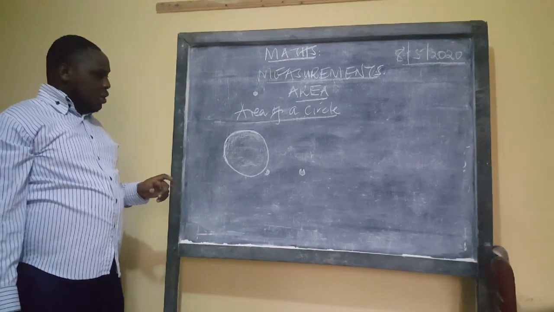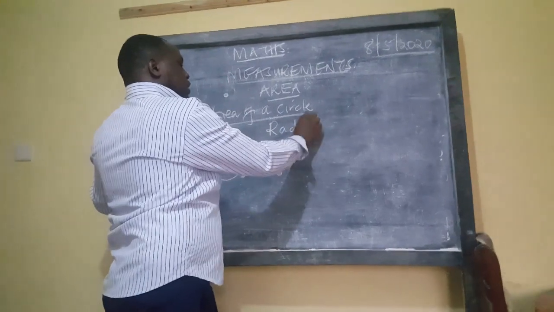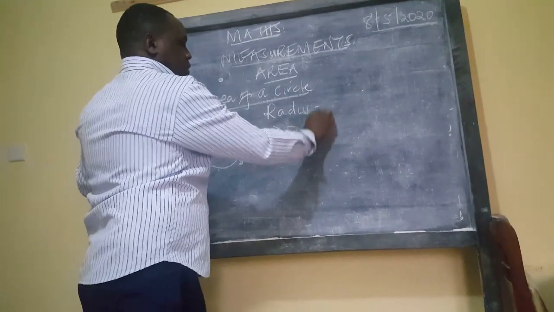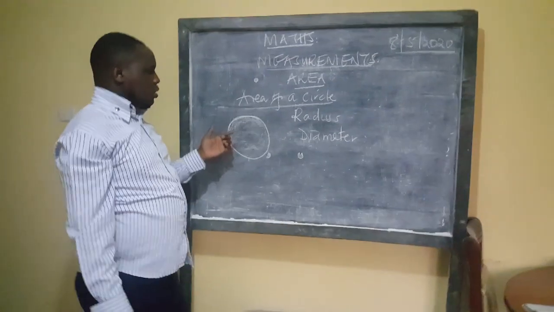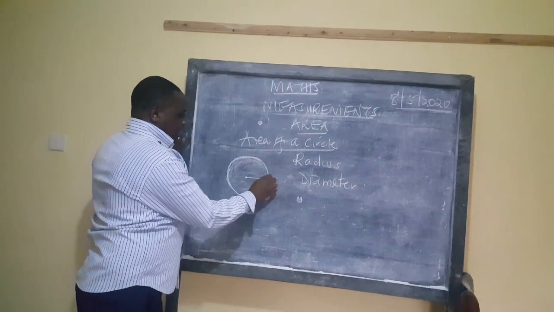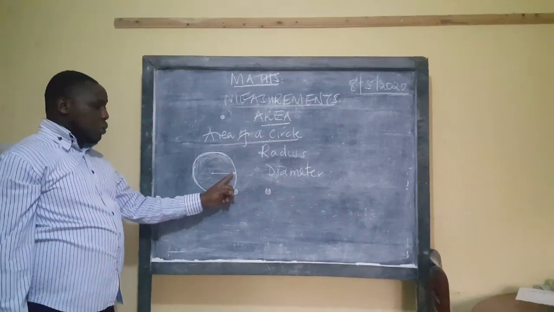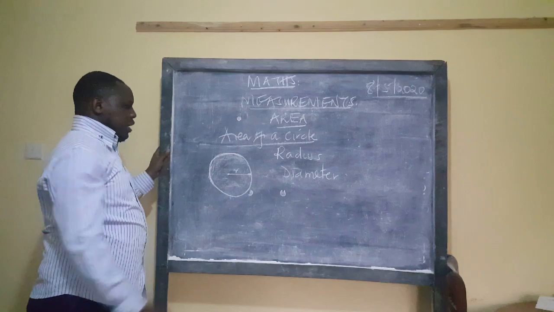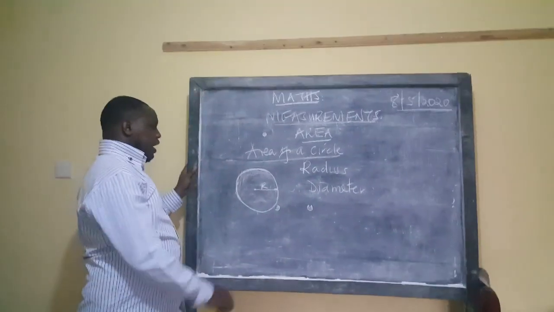And before then, I want to just mention something called radius and diameter. Now, radius is the distance from the center of a circle up to the circumference. The distance between the center of a circle to the circumference is what we call a radius. And a radius plus a radius gives us something we call a diameter.